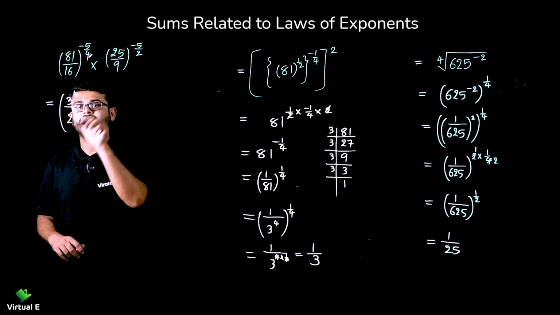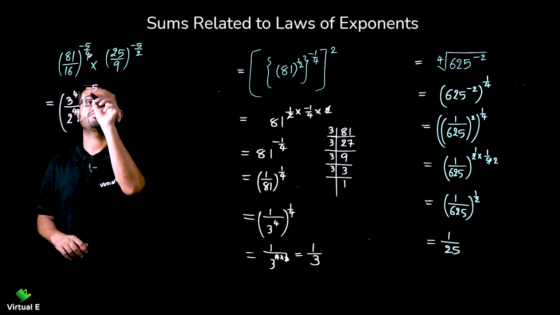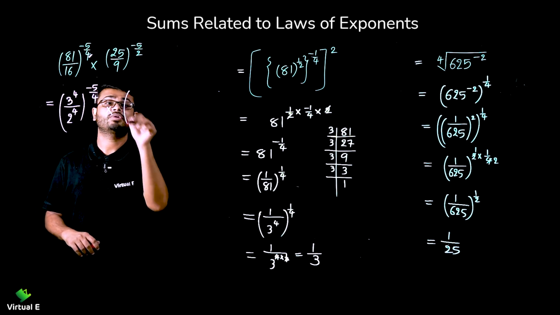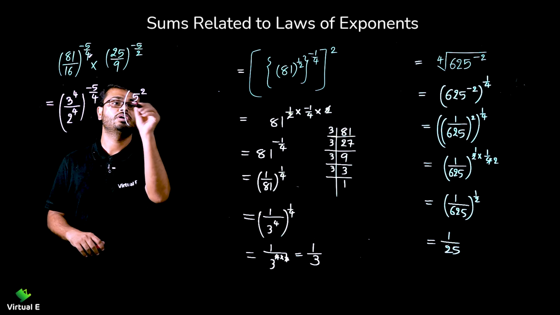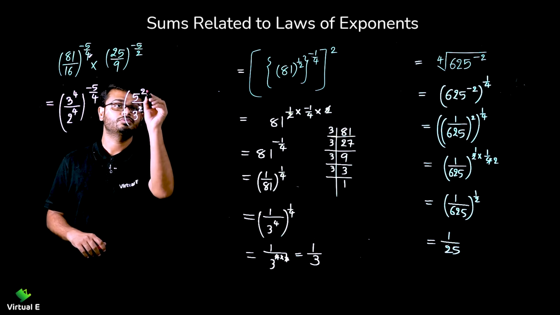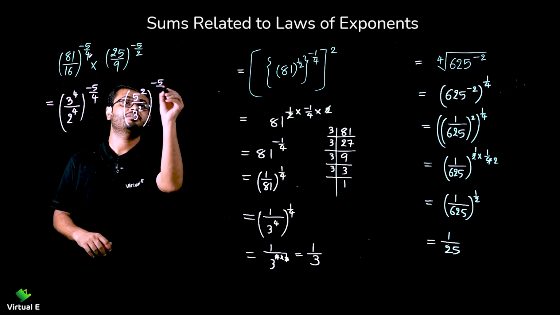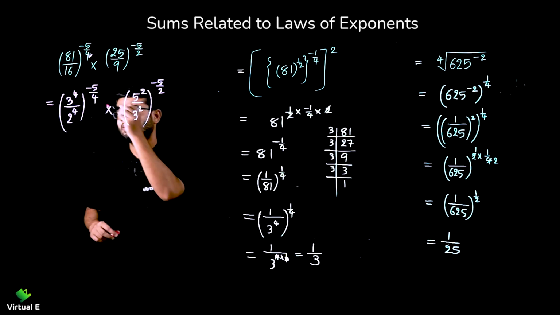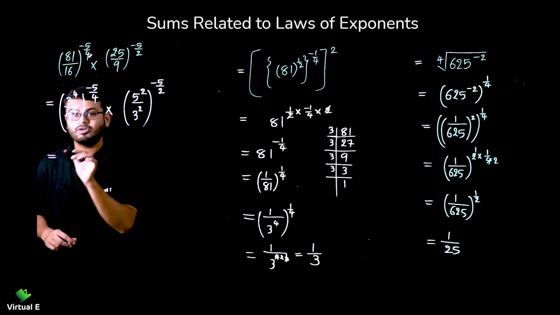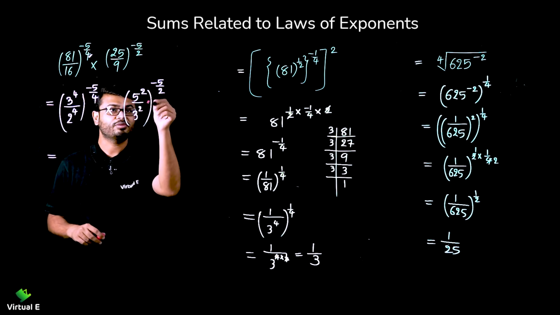So that being done, and here minus 5 by 4 multiplied by, 25 is 5 raised to 2 and 9 is 3 raised to 2. That is minus 5 by 2 as the power. Now let's take the power out, because we have a common power 4 and a common power 2 over here.